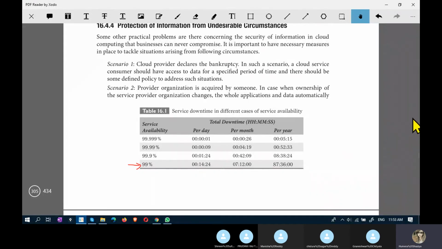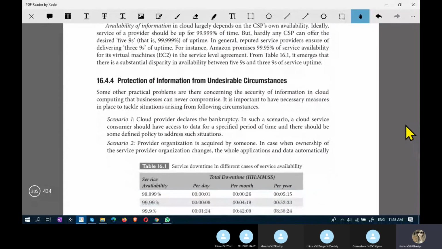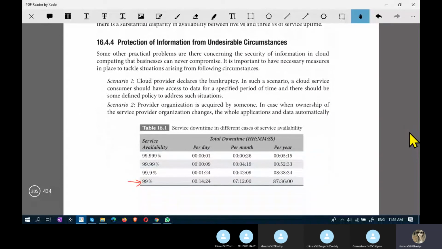Let me check again. Here it is given in hours, minutes, and seconds. So even 99% availability implies there is a 14 minutes downtime per day.